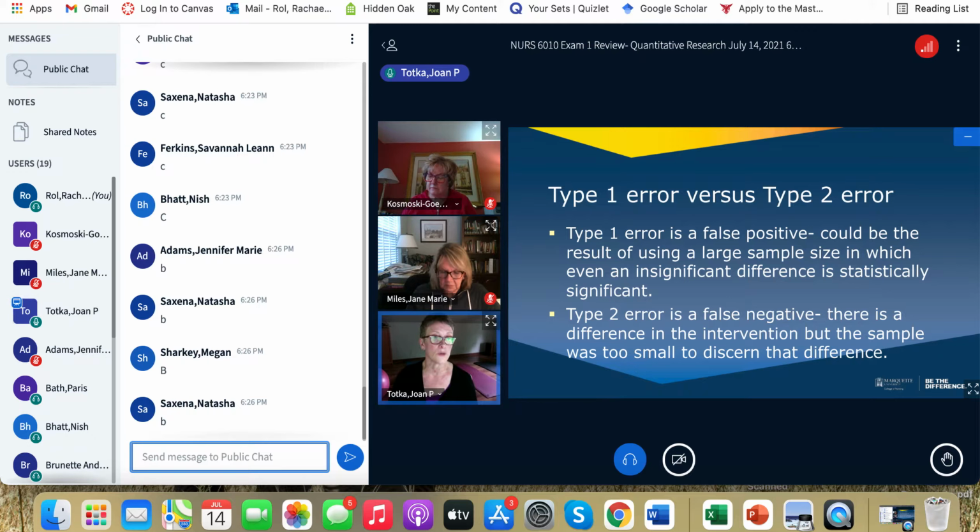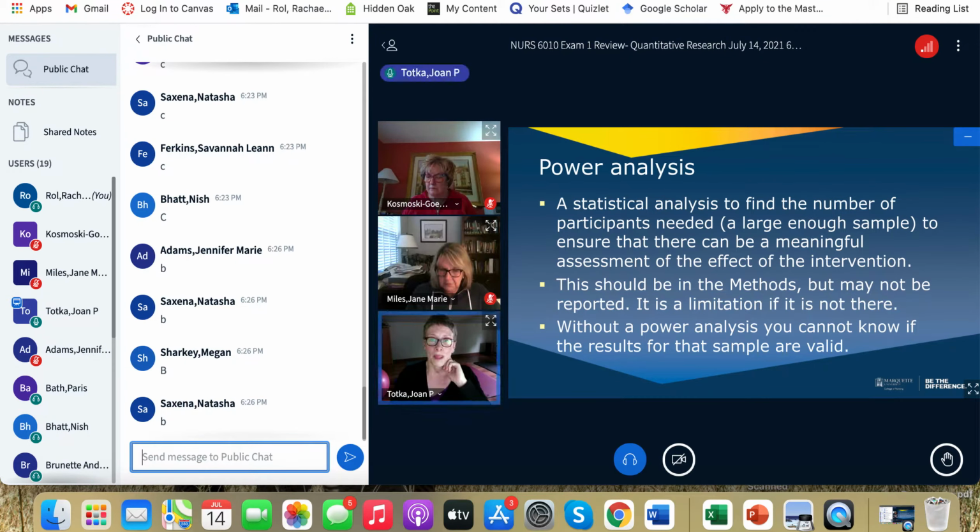And that's why you need to do a power analysis so that you know you have enough of a sample. So a power analysis is a statistical analysis to find the number of participants needed, a large enough sample to ensure that there can be meaningful assessment of the effect of the innovation. Now, that doesn't mean that there couldn't still be an error.